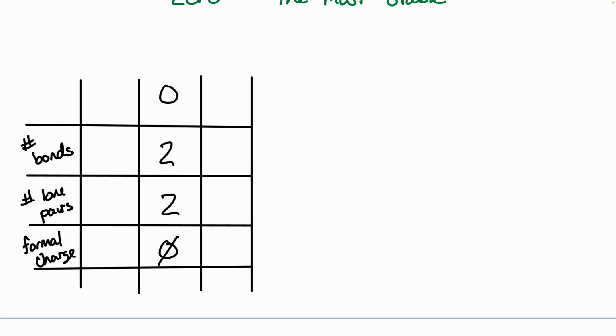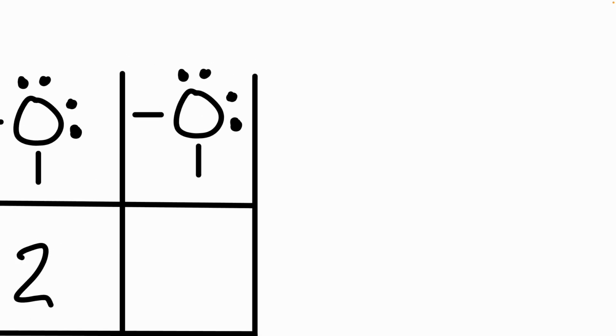All right, so up at the top, I'm just going to draw an example. Here's my oxygen with 2 bonds and 2 lone pairs. Now, we're going to take this same oxygen here, and what I'm going to do is convert one of these bonding pairs of electrons into instead a lone pair of electrons.